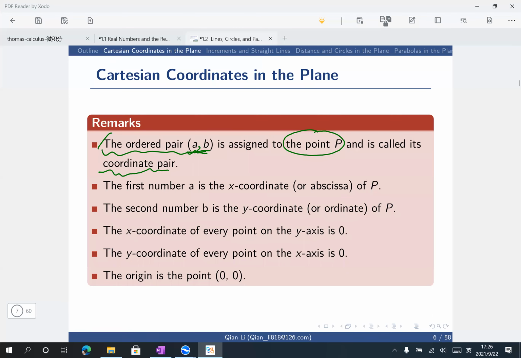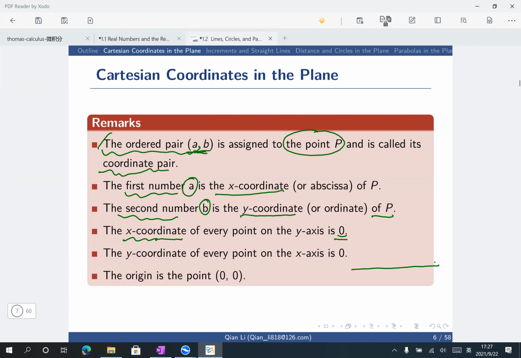The first number A is the x coordinate of P, and the second number B is the y coordinate of P. And the x coordinate of every point on the y-axis is 0.